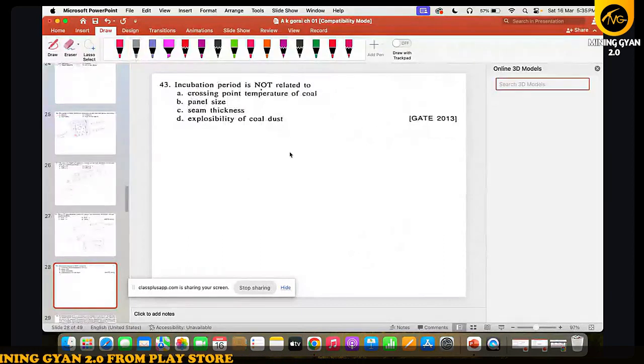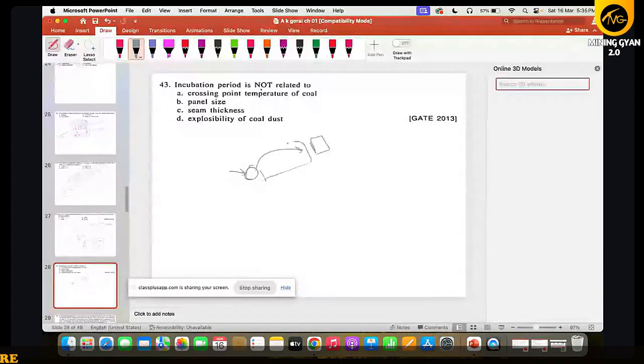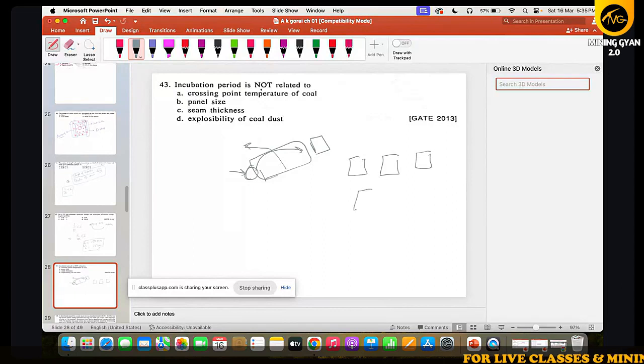Incubation period, what is incubation period? I already told कि कोल जब फर्स्ट बार एक्सपोज हुआ और उसमें स्पॉन्टेनियस हीटिंग होने लगा, उस ड्यूरेशन को हम बोलते हैं स्पॉन्टेनियस इंक्यूबेशन पीरियड. तो उसके लिए क्या क्या चीज निर्धारित होगी? Suppose that if we are using the board and pillar method, so we make panels.